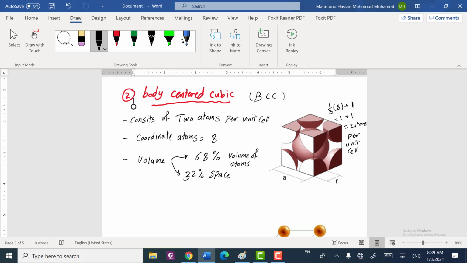The edge length for these atoms, let's calculate it.